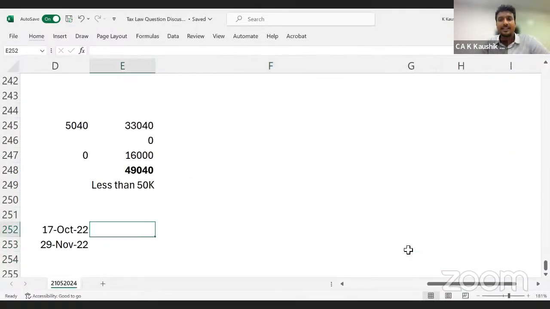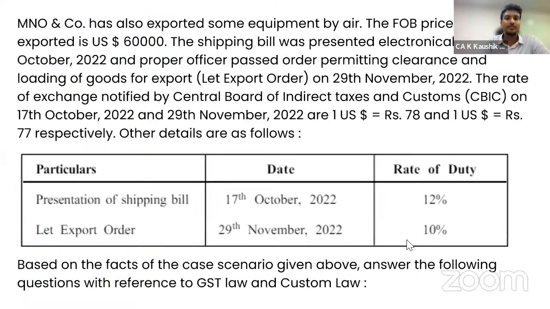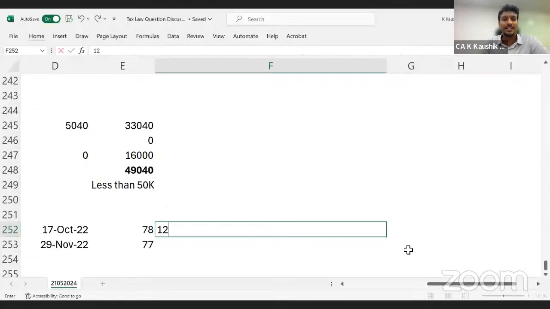On this date, the exchange rate was 78, and on the other date, the exchange rate was 77.